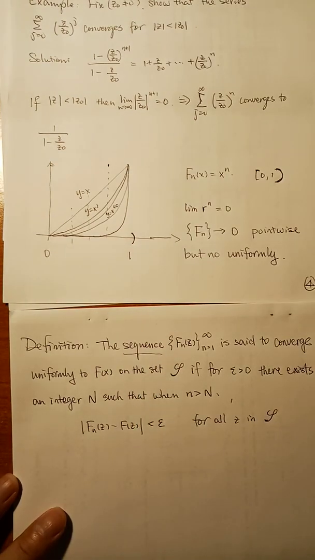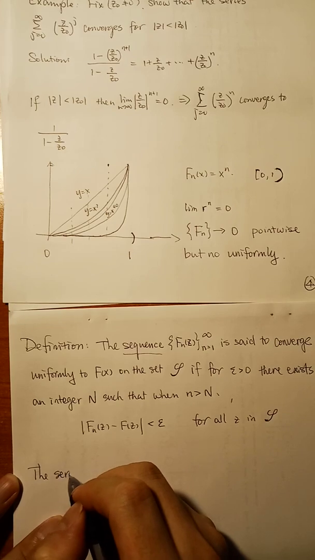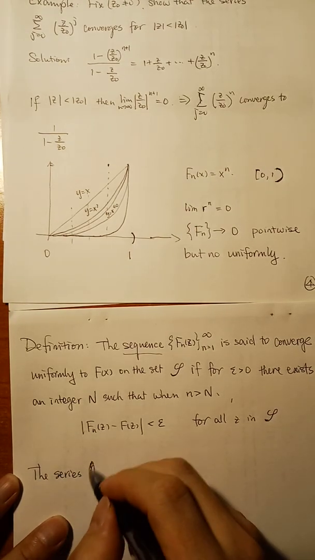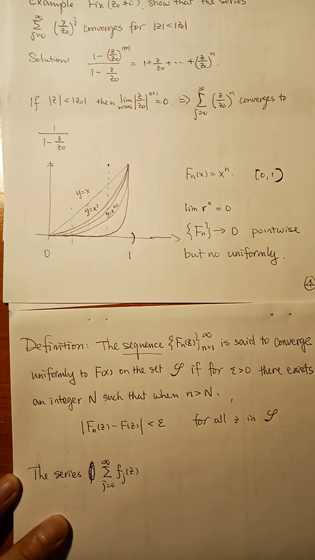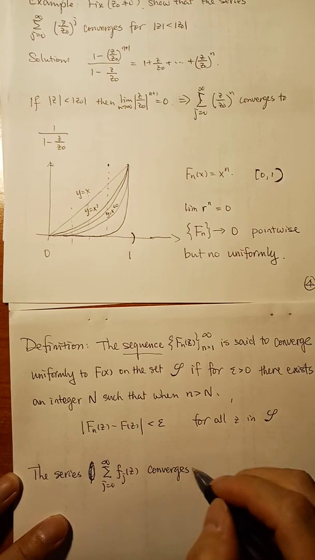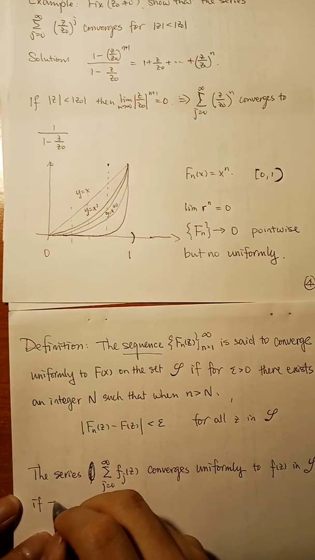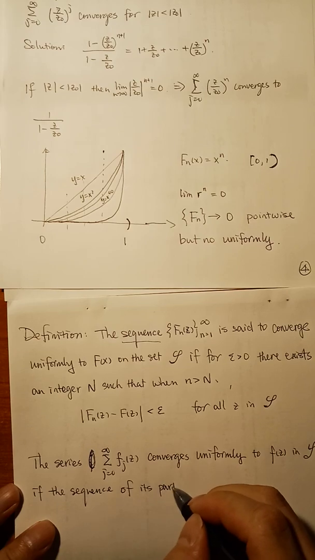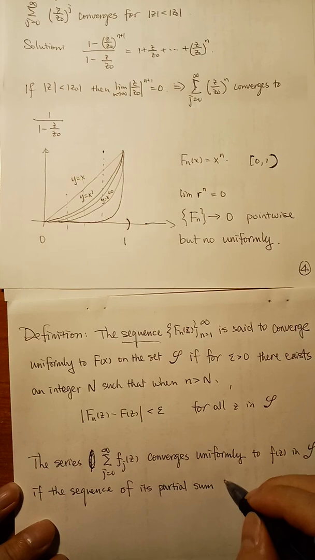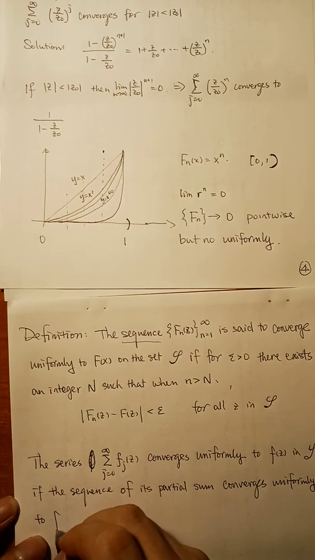So first you define it for the sequence, and then after you have the sequence uniform convergence, the series, the sum of fj of z, j from 0 to infinity, converges uniformly to F of z in S if the sequence of its partial sums converges uniformly to F of z.